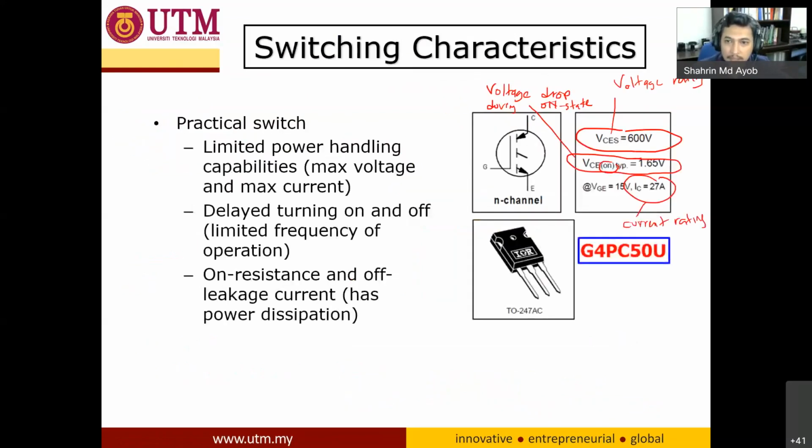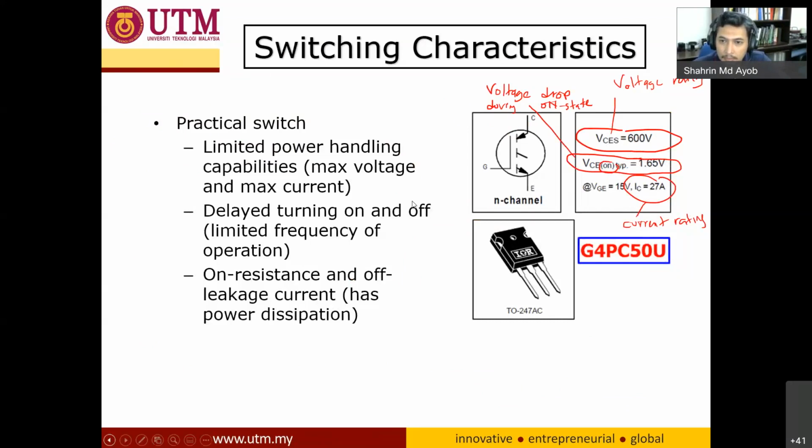So I hope you understand. This one is the voltage during the off state: the value of the voltage that the switch needs to block. And this one, on, is the voltage drop when the switch is on.